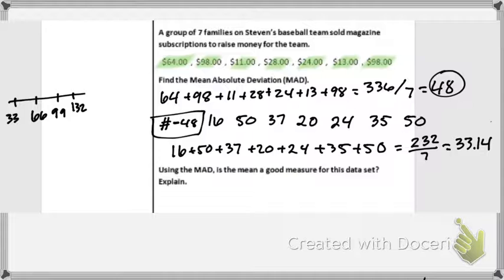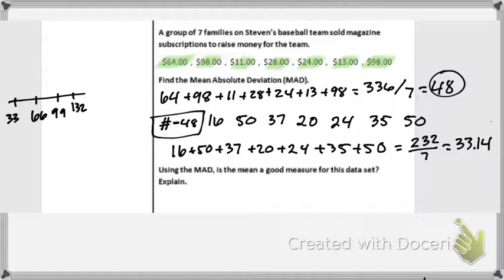So here, if you write it out and we see it's not really much of a distribution, then we would say maybe it's not a good measure. Okay, so I know I did say it was a good measure, but now that I see it written out, this is not a good distribution right here, because it only gives me 4 numbers, and in my number set I have 7, right?